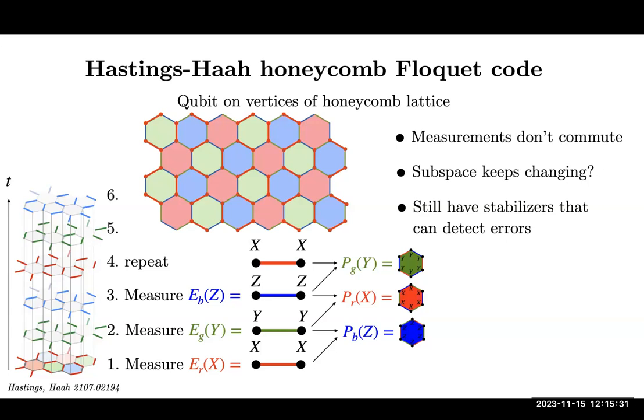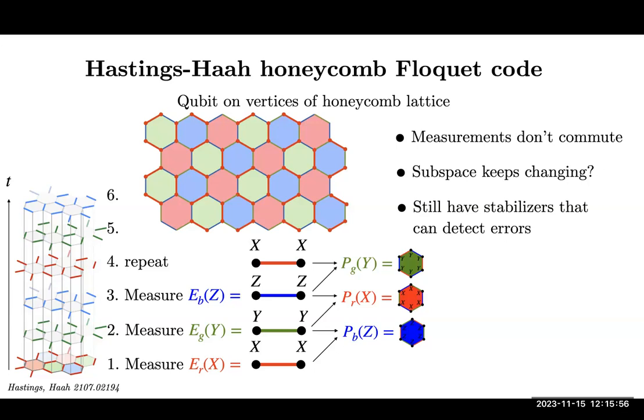Maybe this is a bit hard to see, but you get 6 Z's around this blue Floquet. That's just the product of 3 red operators and 3 green operators, and you notice that this operator actually commutes with all 3 rounds of measurement. So once I infer the value of this Floquet, it will stay constant throughout the dynamics.